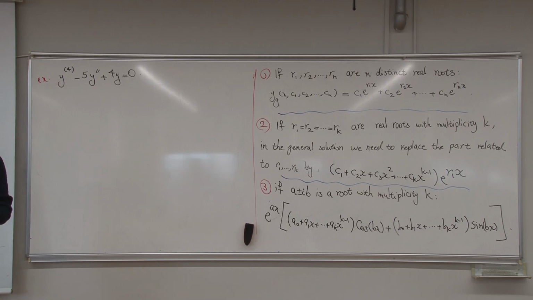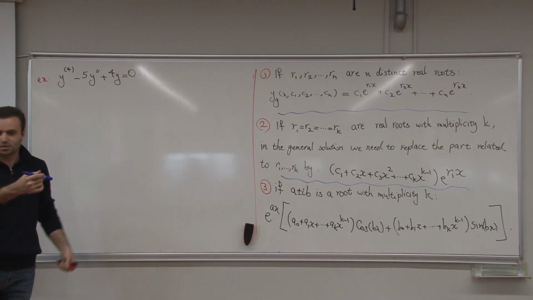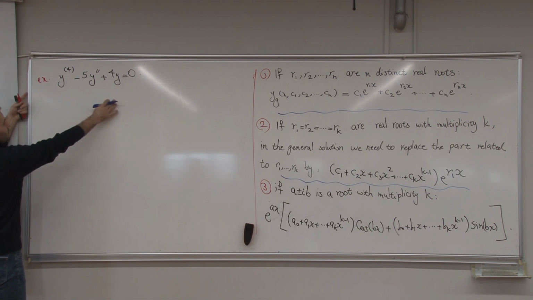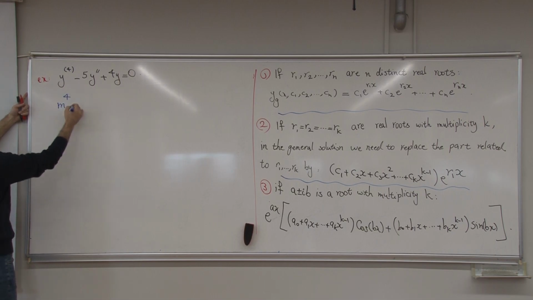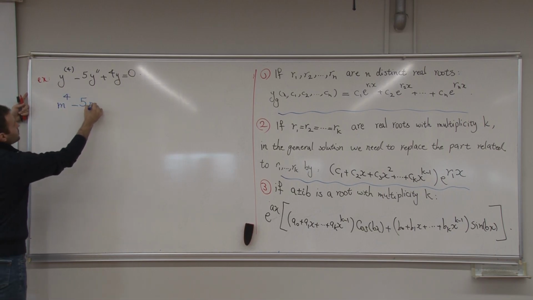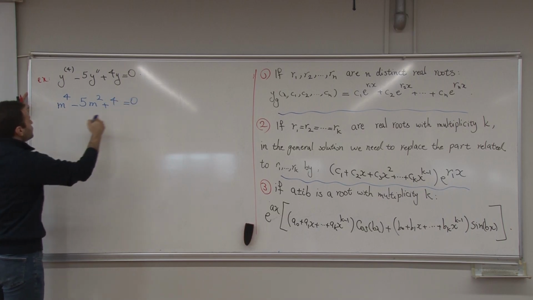So what we need to do is just write the characteristic equation and find the roots, and based on those try to write the general solution. So what is the characteristic equation of this? m to the power of 4 minus 5 m to the power of 2 plus 4 equal to 0.